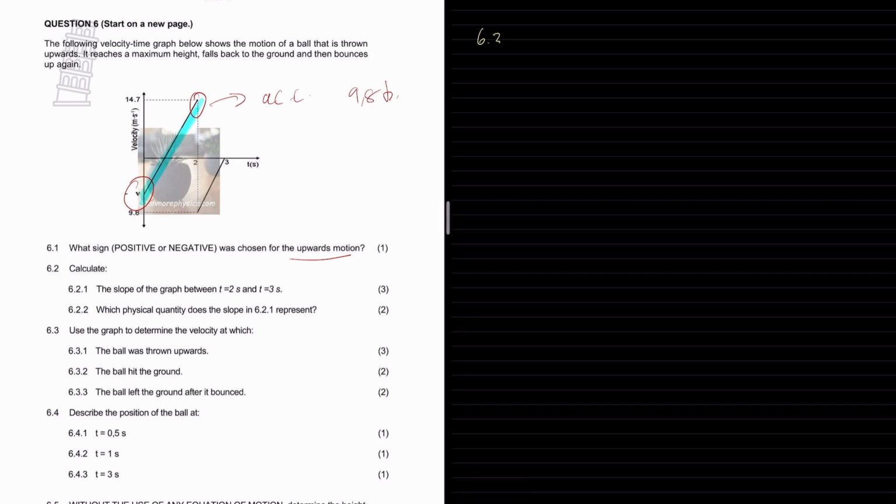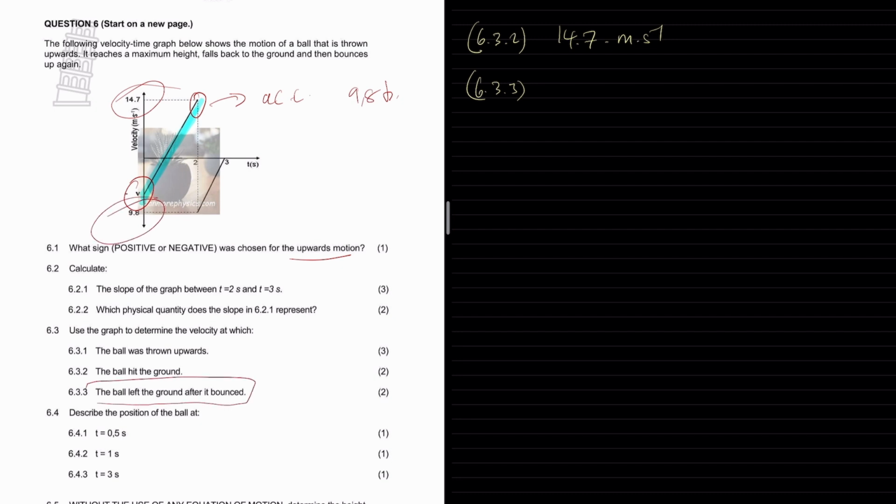Question 6.3.2. What velocity did the ball hit the ground? It hit the ground at 14.7 meters per second. 6.3.3. What velocity did the ball leave the ground after it bounced?